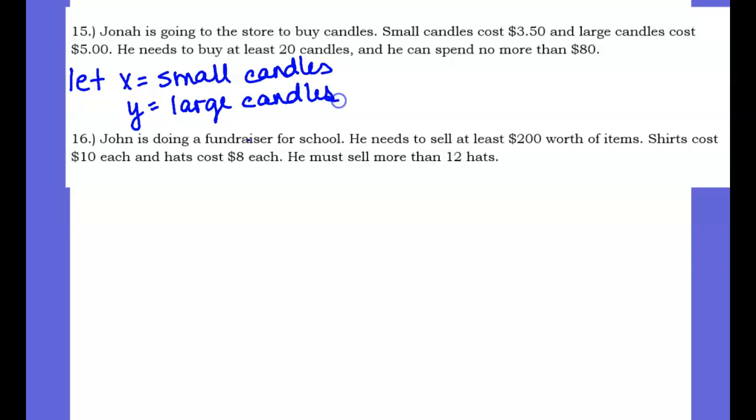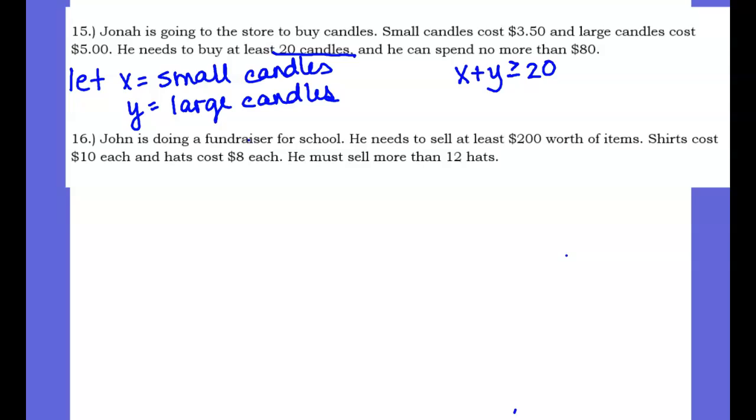We need our two inequalities. He needs to buy at least 20 candles. So if you take your small candles and your large, and you want to be at least 20, that means it's going to be greater than or equal to 20. At least would be greater than or equal to.